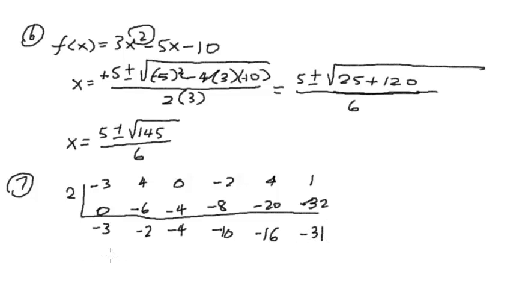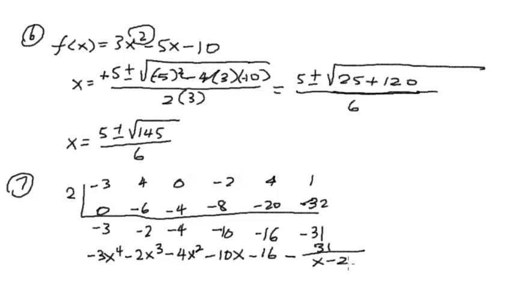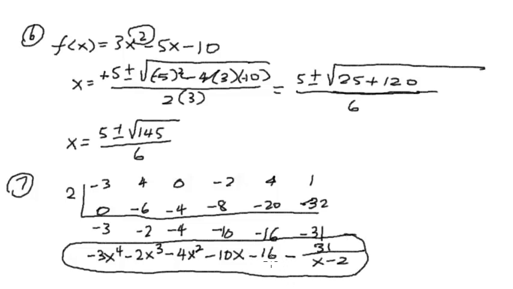So my quotient will be negative 3x to the 4th minus 2x cubed minus 4x squared minus 10x minus 16 minus 31 over x minus 2. There's my quotient with the remainder.